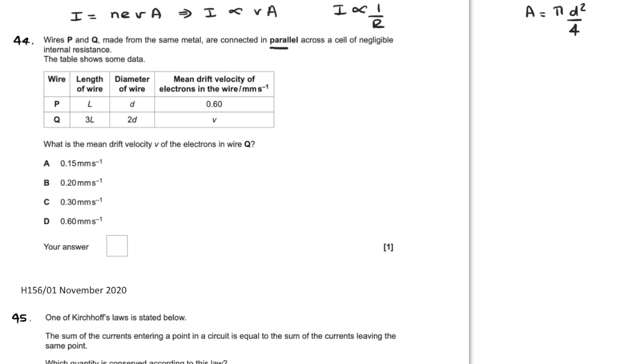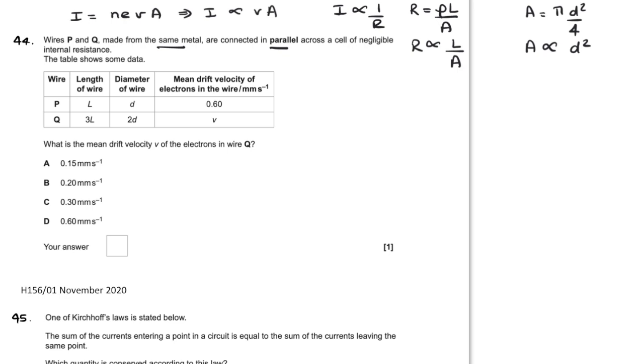The resistance in a wire is given by R equals rho L over A. Because they are the same metal, rho is the same, so we can ignore it because it's constant. So resistance is directly proportional to the length and inversely proportional to the area. I'm just going to write down that area is proportional to d squared, for simplicity.